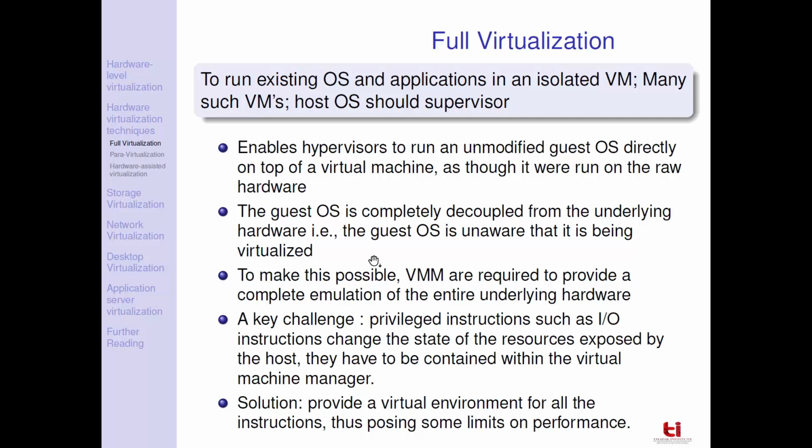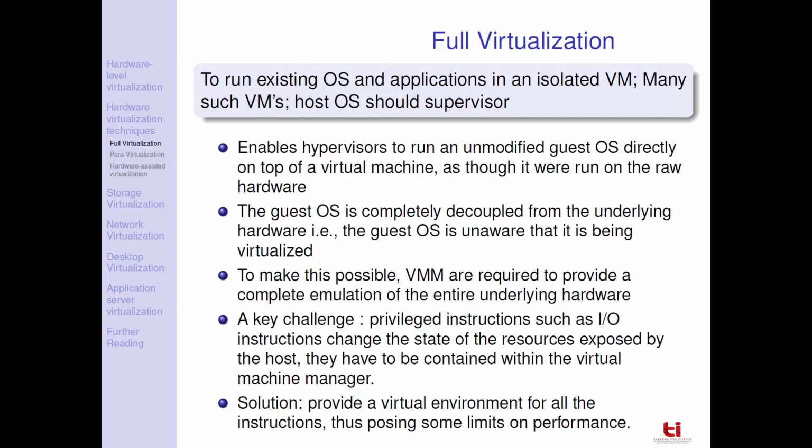So what has to be done to make this possible? Virtual machine monitors should provide emulation of the entire underlying hardware. They should completely emulate the underlying hardware. Now, the challenge here is that the privileged instructions have to be contained in the virtual machine.